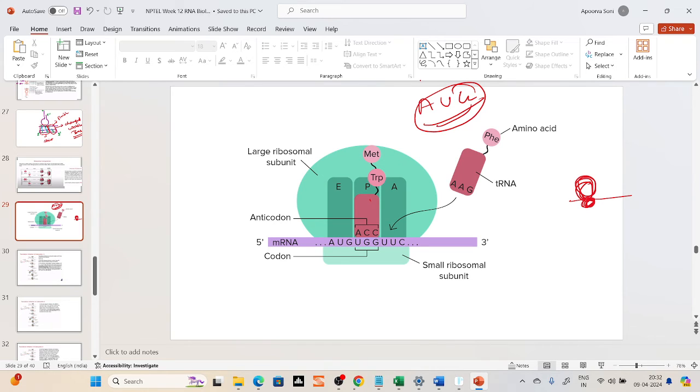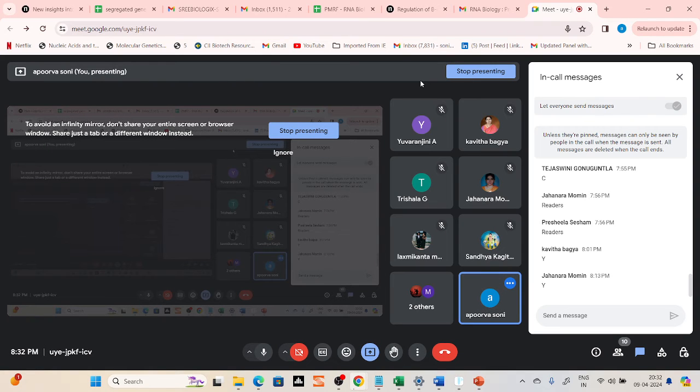Okay. And later on, the amino acid starts coming to the A site. Only the first amino acid, which is brought by the tRNA, comes to the P site, and later all the other amino acids are brought to the A site. Is it clear what I'm trying to tell? First amino acid comes to the P site and subsequent amino acids come to the A site.